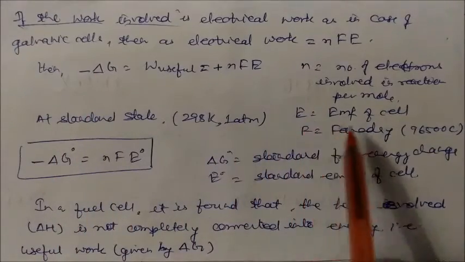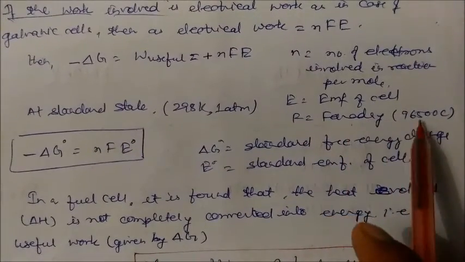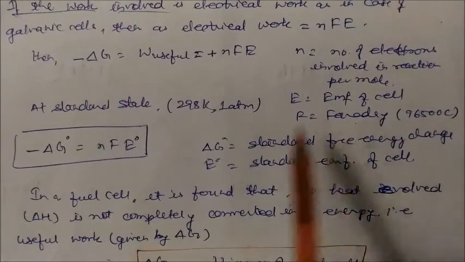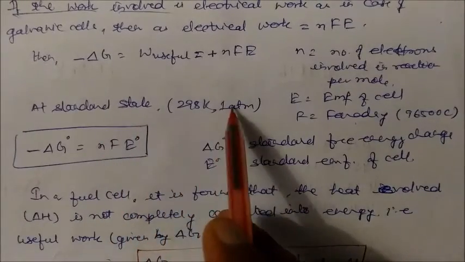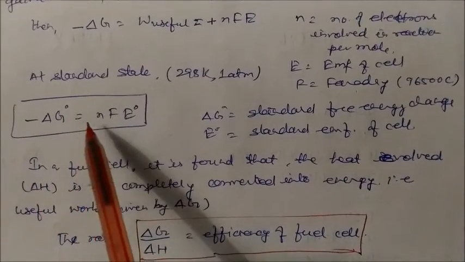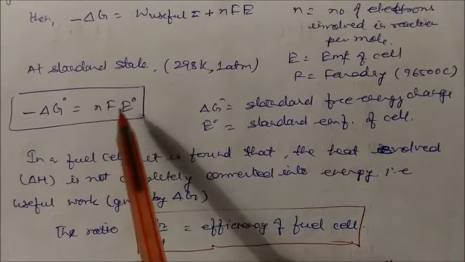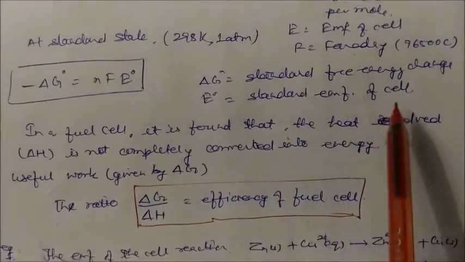E is nothing but the EMF of the cell, and F is the Faraday. 1 Faraday is equal to 96,500 coulombs. So at the standard state, that is 298 Kelvin and 1 atmospheric pressure, we can write minus delta G standard is equal to nFE standard. What is delta G naught? It is the standard free energy change, and E naught is the standard EMF of the cell.